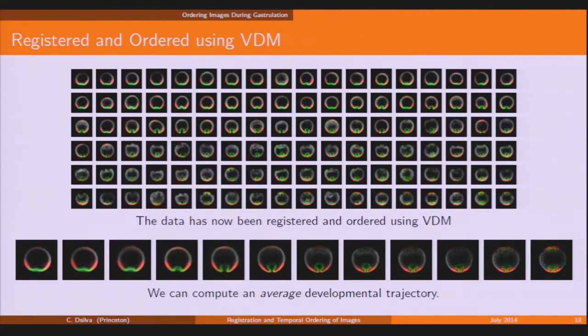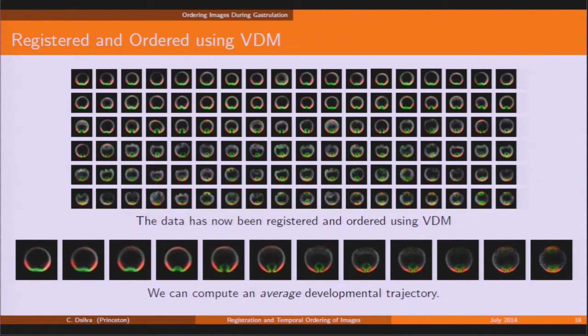So we did this, and you can see this is kind of hard to process, but if you look carefully, it looks fairly nice. And what we actually did to make it simpler to digest is compute an average trajectory. So for each chunk of about 10 images or so, we computed the average image, and that's what you see down here. And if you compare it to the previous slide, it looks fairly similar.